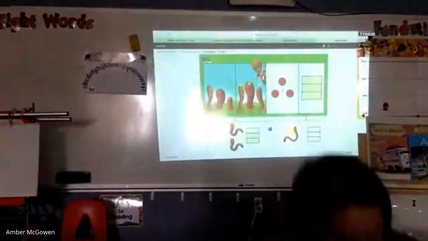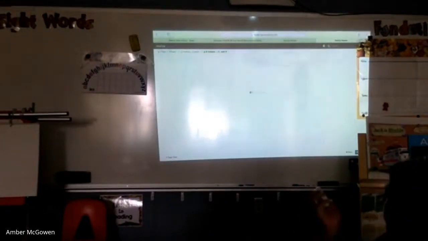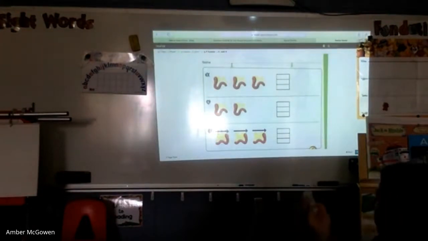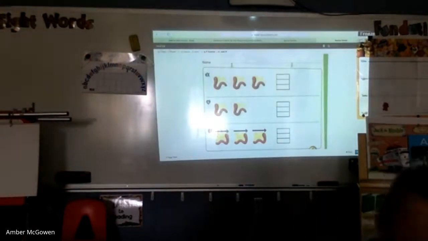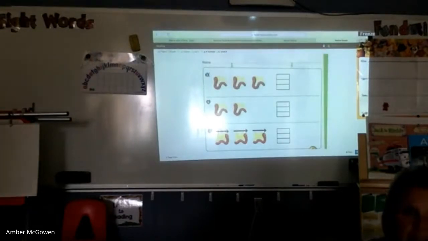Okay. So our next one should look like this. Okay. So now just turn to your next page and it'll have the number 9 at the bottom.